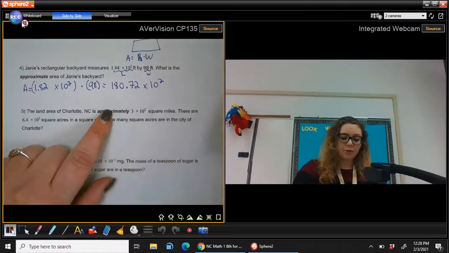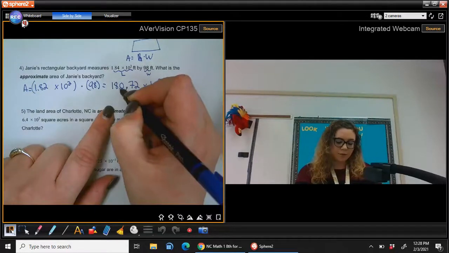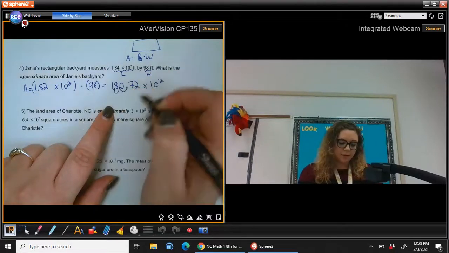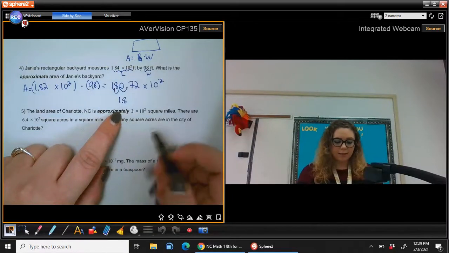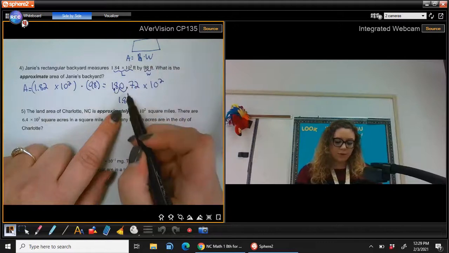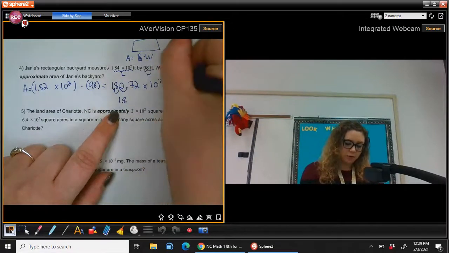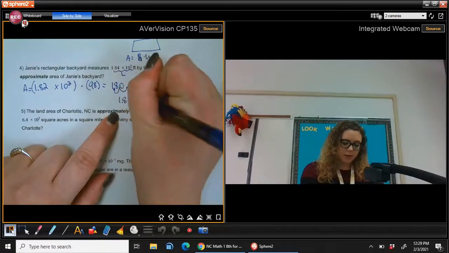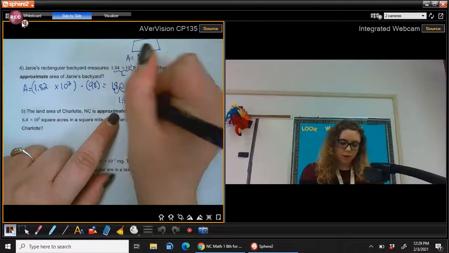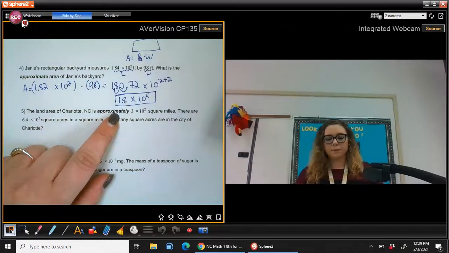No, so we have to change it. I'm going to have to move the decimal 2 times to the left to get 1.8. Now, is that between 1 and 9.9? Yes. Since I moved it 2 places to the left, I'm going to have to add 2 to my exponent. So now I have 10 to the 4th. And that is my answer.